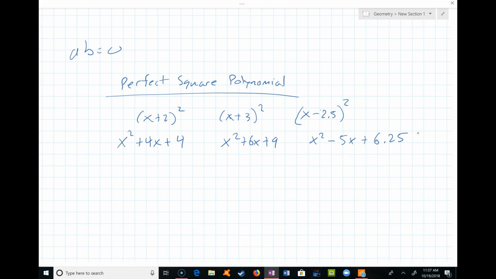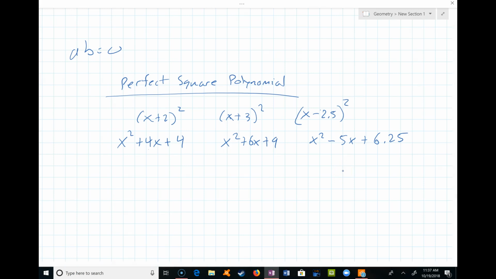If you have a polynomial that can be factored like this in a perfect square, half of the middle term squared is equal to the last term. So notice half of 4 is 2, 2 squared is 4. Half of 6 is 3, 3 squared is 9. And half of negative 5 is negative 2.5, and negative 2.5 squared is 6.25.